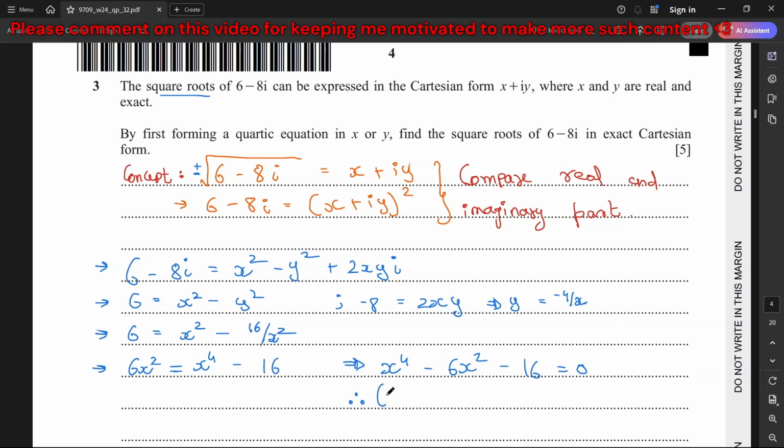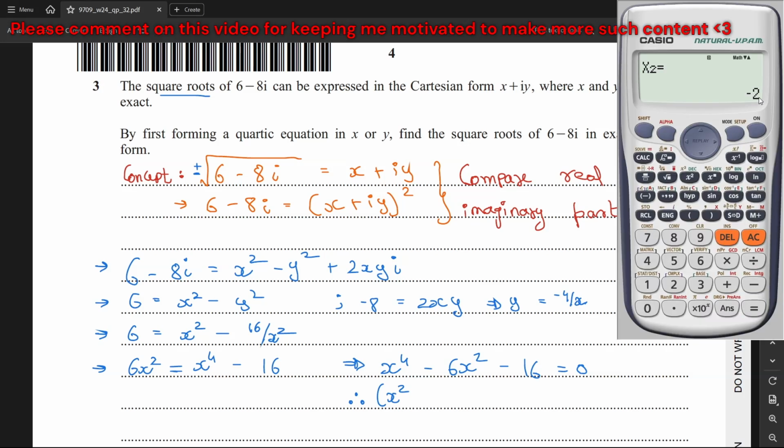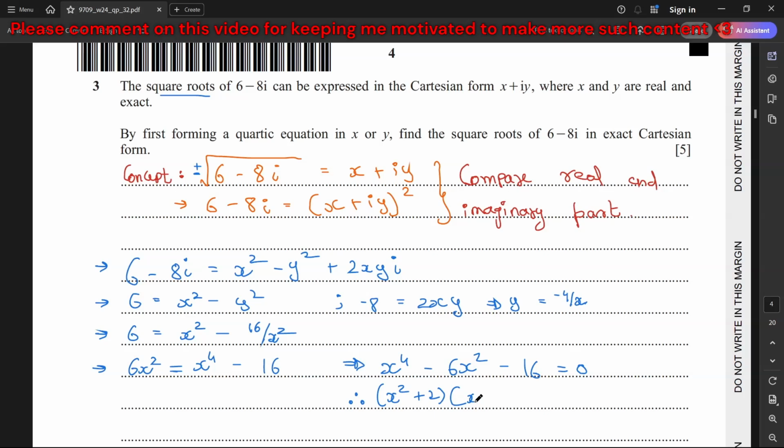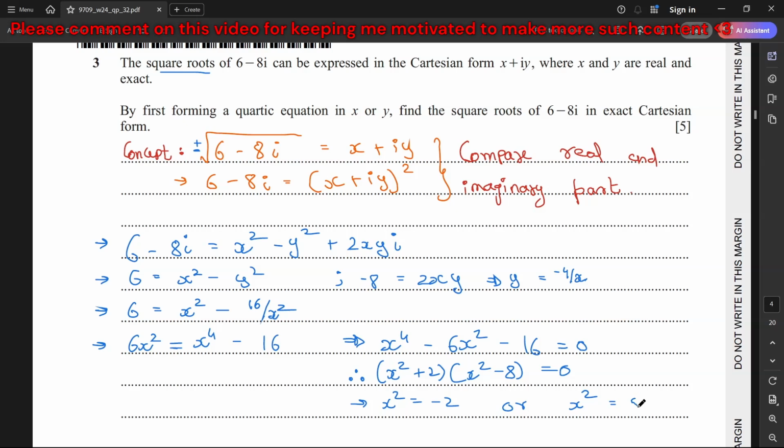So x squared plus 2 and x squared minus 8 are the factors. So we get that x squared is equal to minus 2 or x squared is equal to 8.